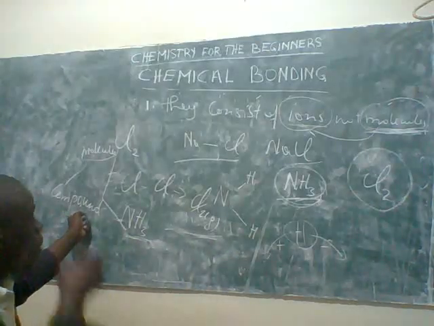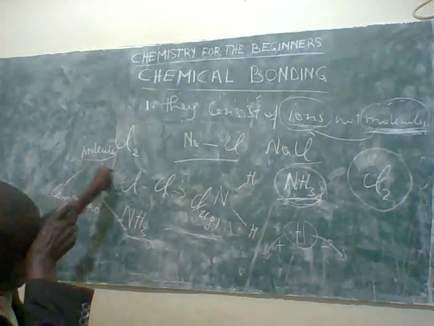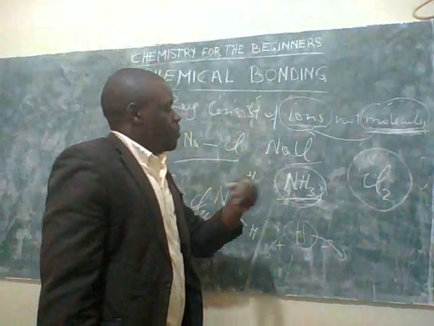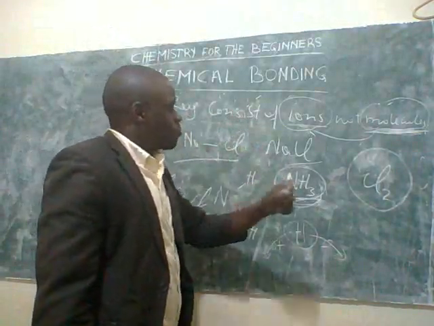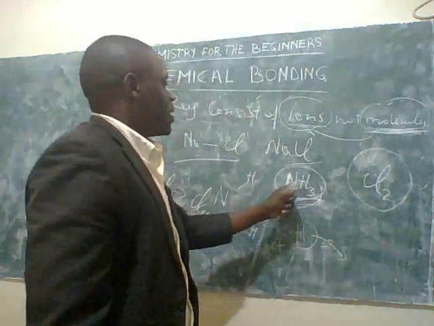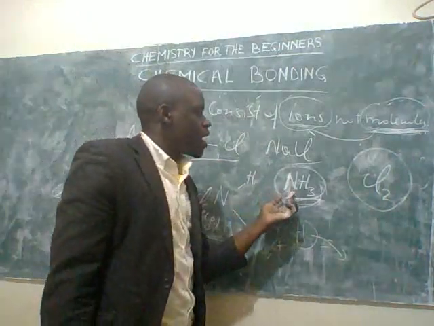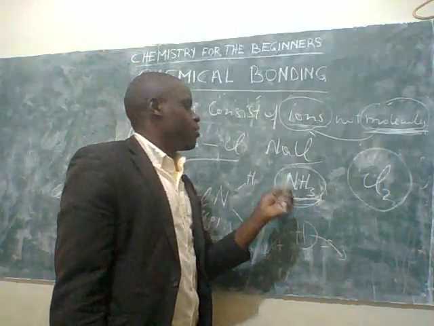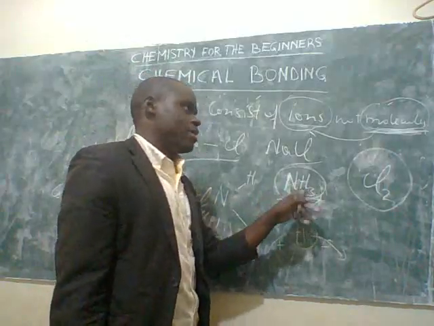That's what you can call a compound. Comparing to this, ammonia is generally a molecule too, but we don't call it a molecule because it is composed of two types of atoms, nitrogen and hydrogen.